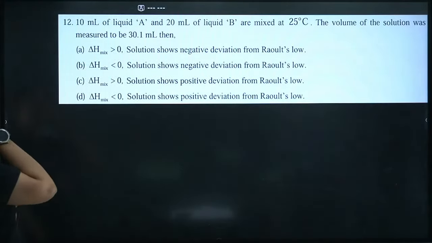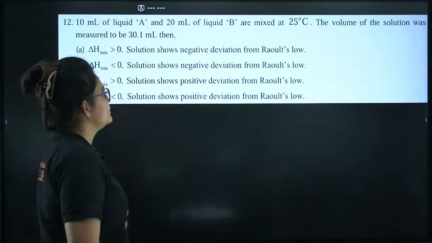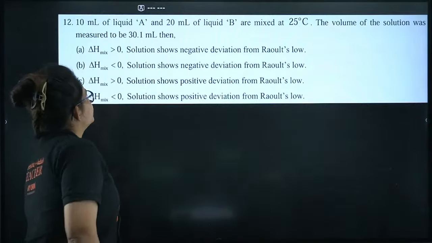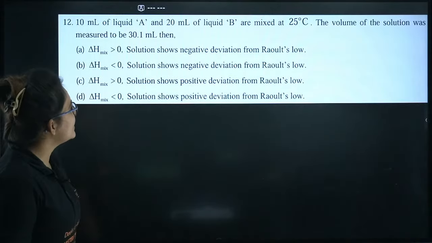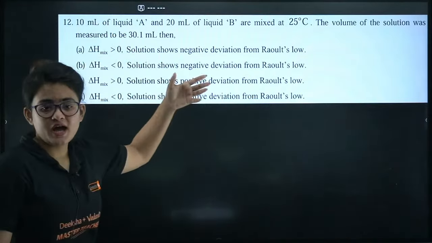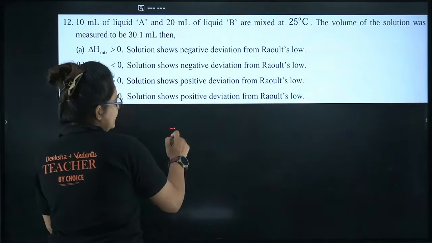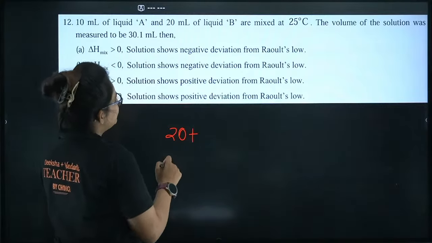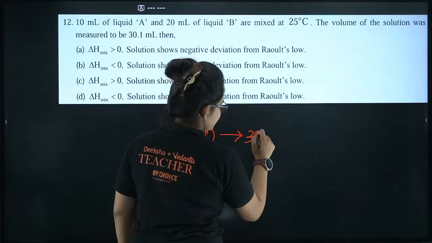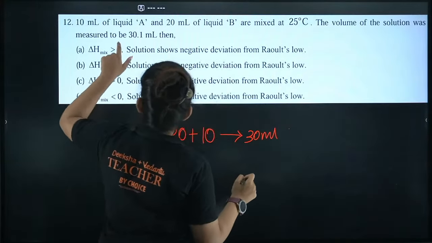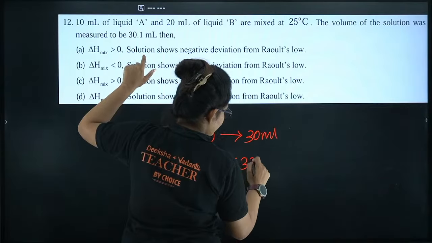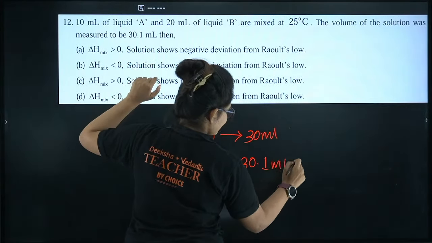Here you can see 10 ml of liquid A and 20 ml of liquid B are mixed at 25 degrees Celsius. The volume of the solution is 30.1 ml. Here they did the trick. Whenever you mix 20 plus 10, you should get 30 ml, right? But they are saying you are actually getting 30.1 ml.